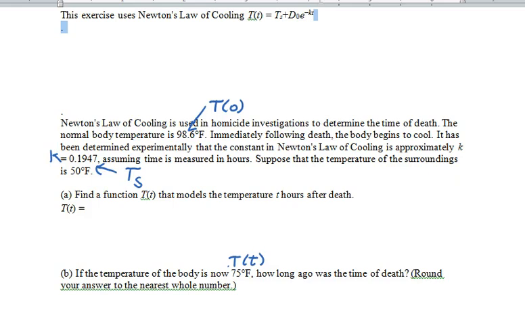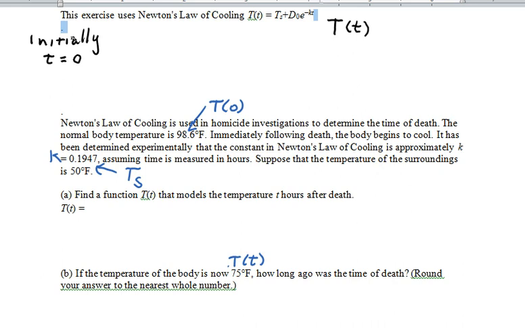Exercises use Newton's law of cooling, which involves a function capital T of t, which is the temperature of an object t time units after being placed in a new surrounding. Initially, lowercase t would be 0.